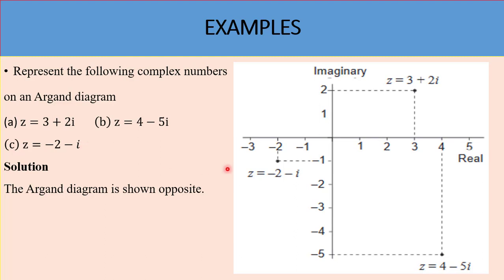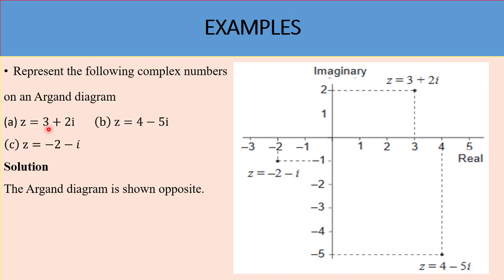So this can be put on the Argand diagram, whereby we have the imaginary axis and the real axis. Our task is to identify the real coordinate and the imaginary coordinate.